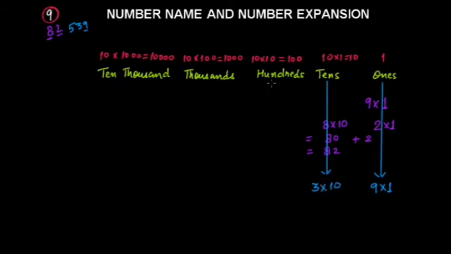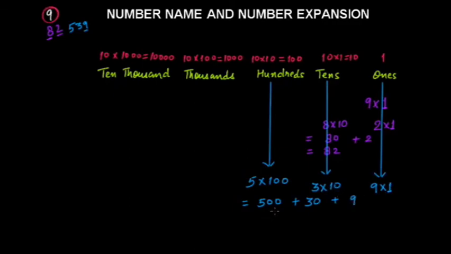Then at the hundreds place will come 5 multiplied by the value of the place. This becomes 5 multiplied by 100 is 500, plus 3 multiplied by 10 is 30, plus 9 multiplied by 1 is 9.